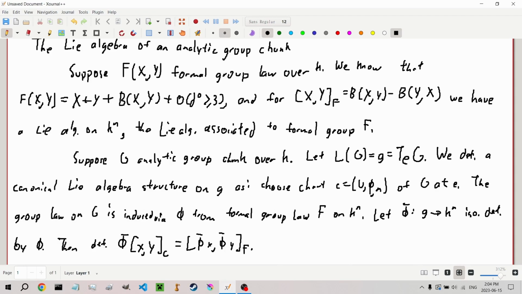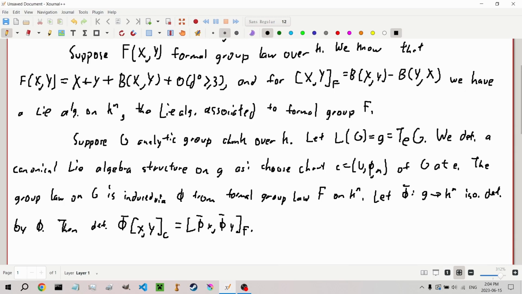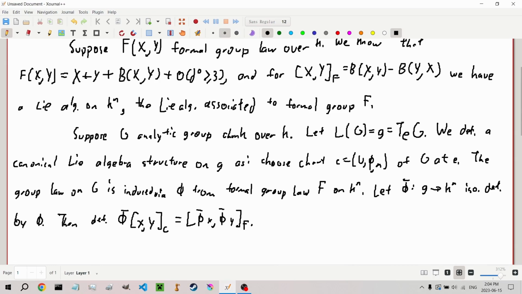Now we of course need this C bracket to be independent of our choice of chart, which motivates a lemma.